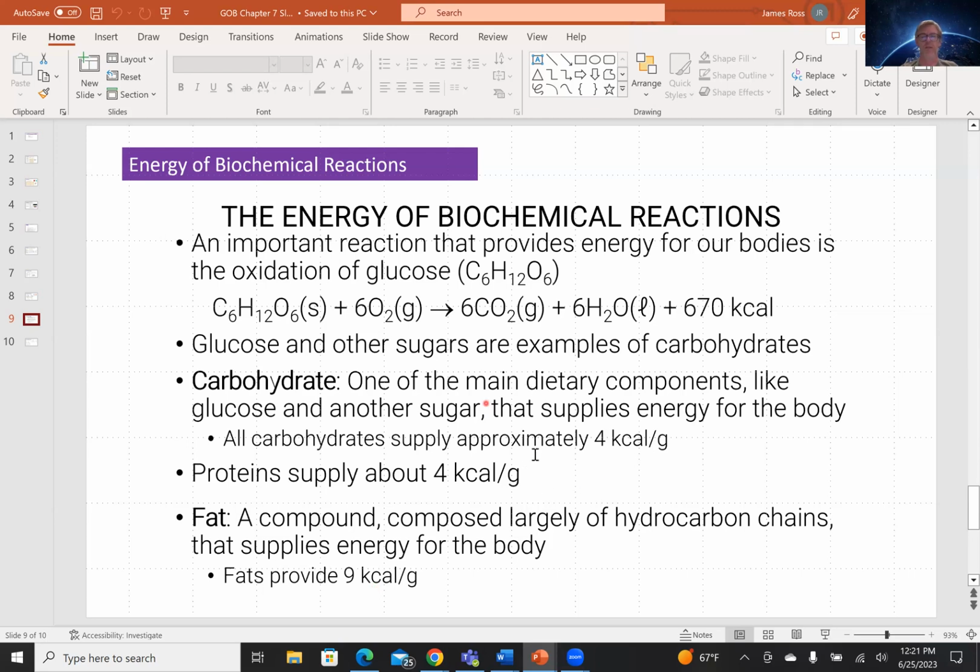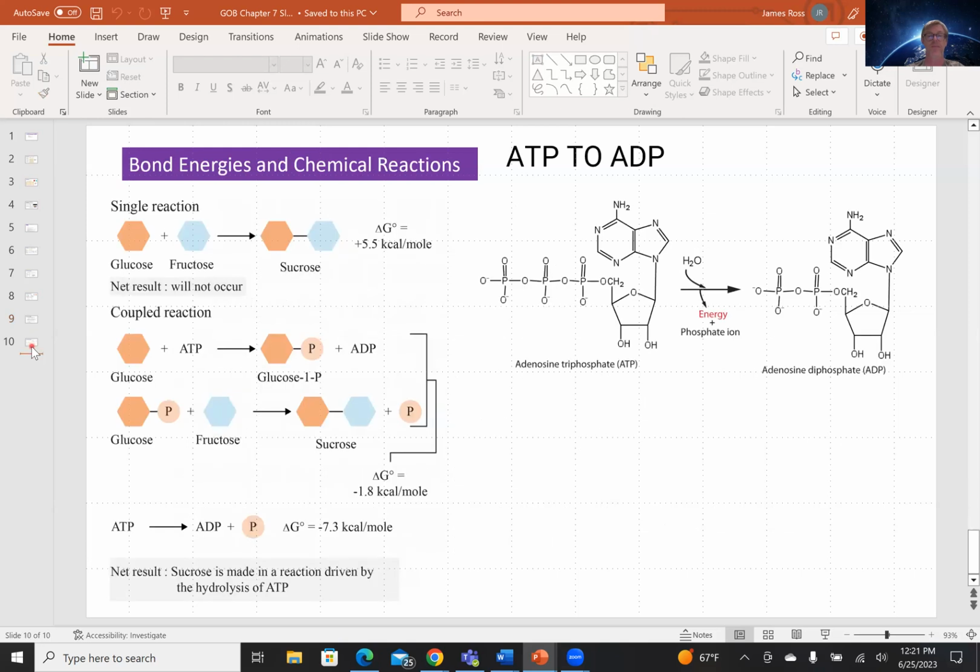We won't dwell too much on why this is the case, but what we want to mention here is how we can leverage this energy content of our food, not only to give us energy, but to fuel the energetic processes in our bodies.